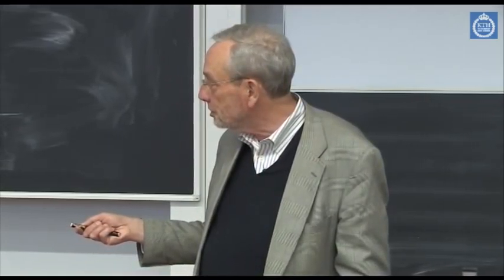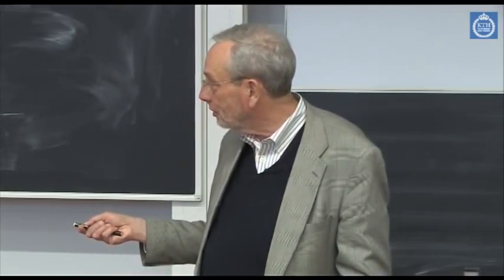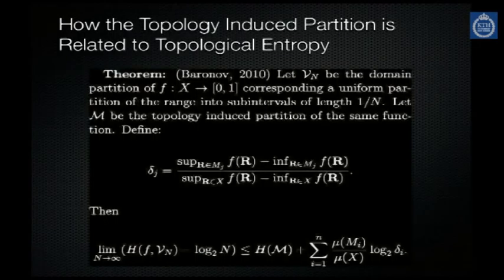So it's the sup over all points in the set M sub j minus the inf, compared with the same difference over the entire range of the set, the domain that we're exploring.